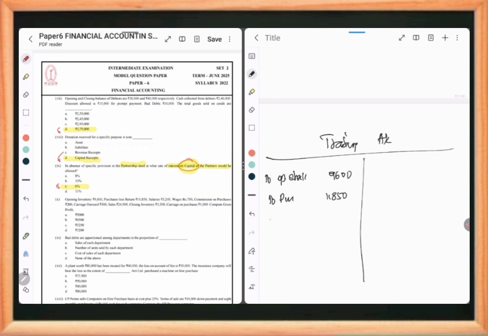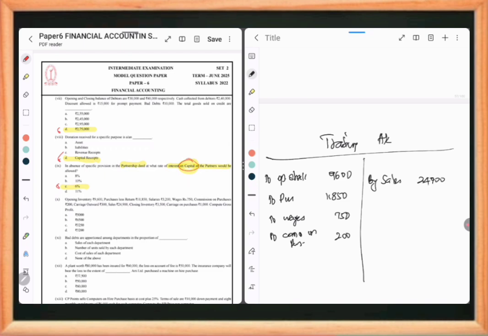Wages we mention here: to wages, rupees 750. Commission on purchases is also a trading expense: to commission on purchases, 200 rupees. Carriage outwards will appear on the debit side of the profit and loss account. Sales 24,900, by sales how much?